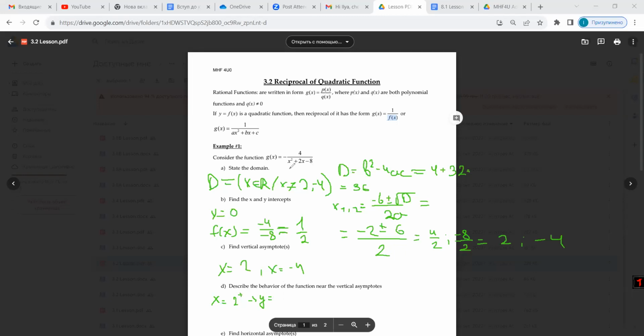Can anybody calculate it? I'll open my calculator for convenience.